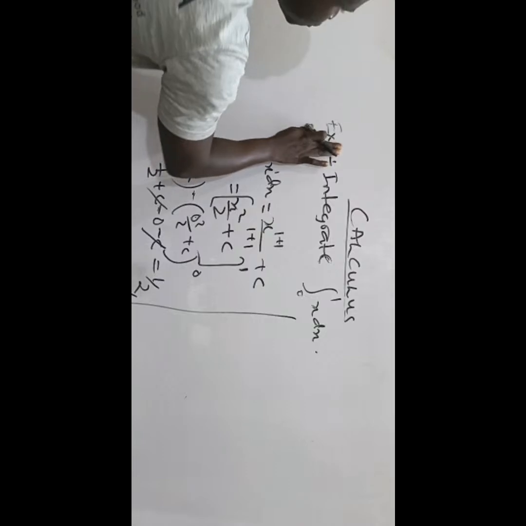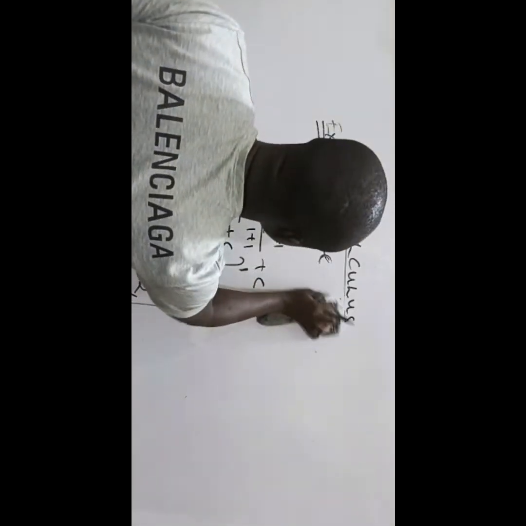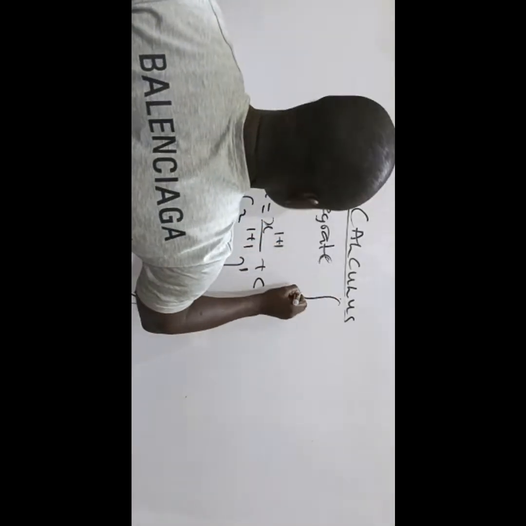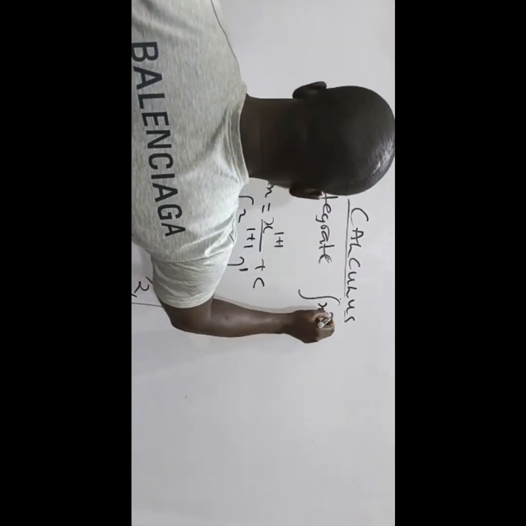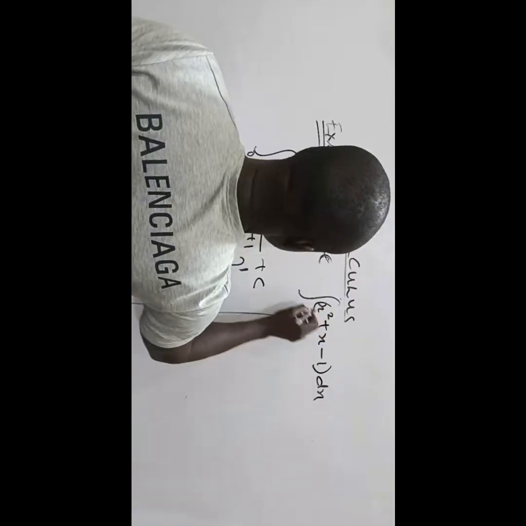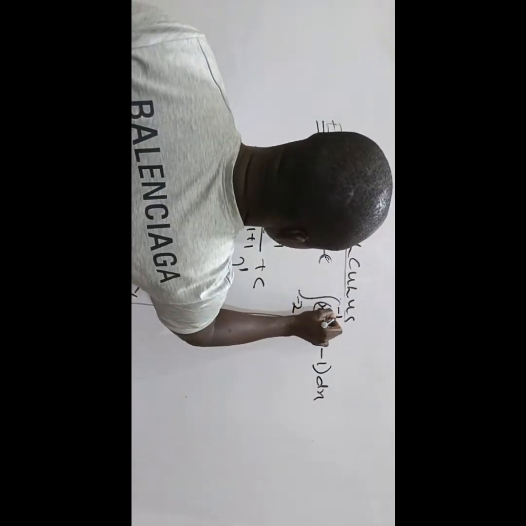So let's see another example under definite integral. Let's integrate x squared plus x minus 1 dx, ranging from minus 2 to minus 1.